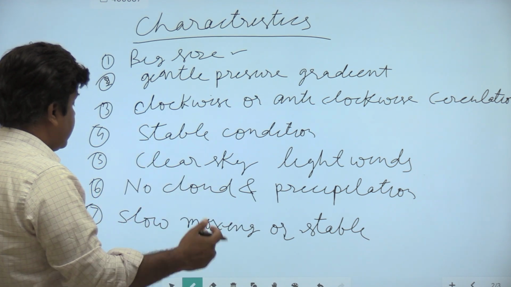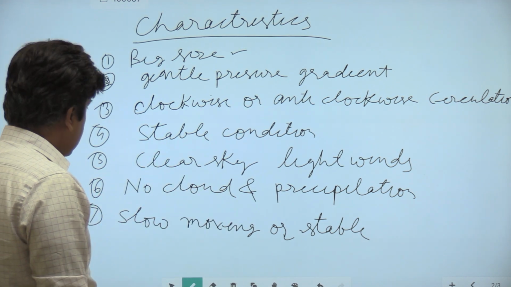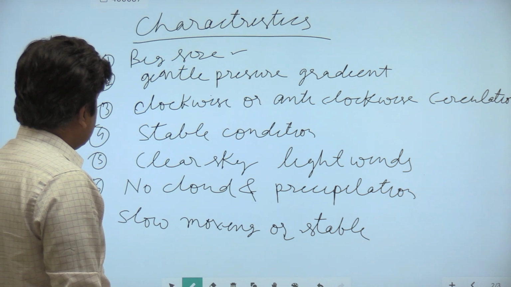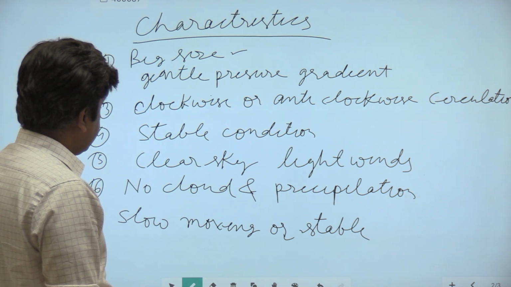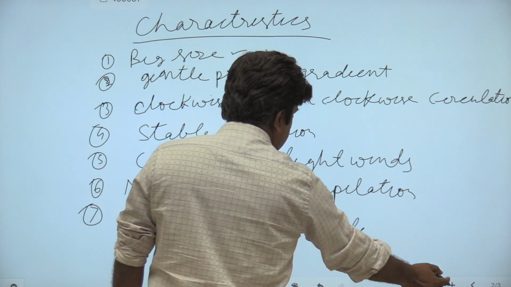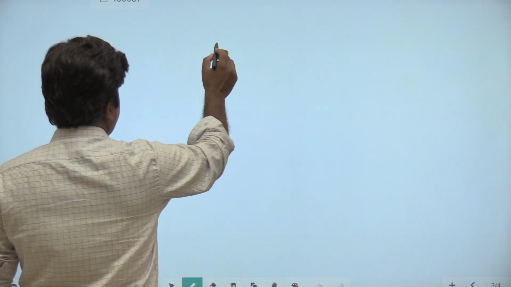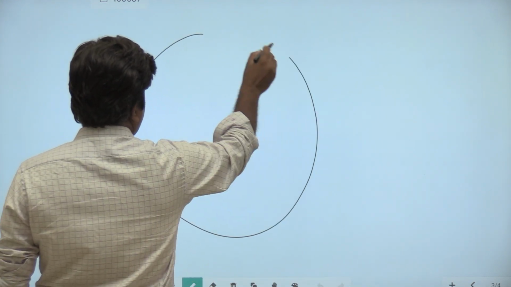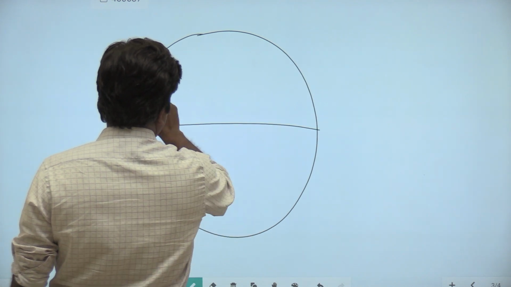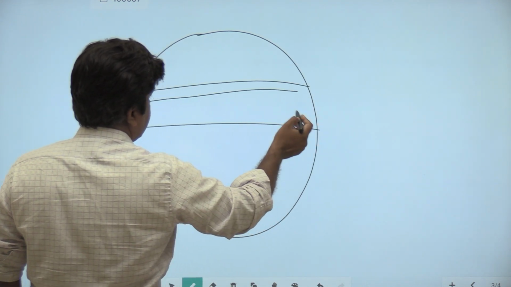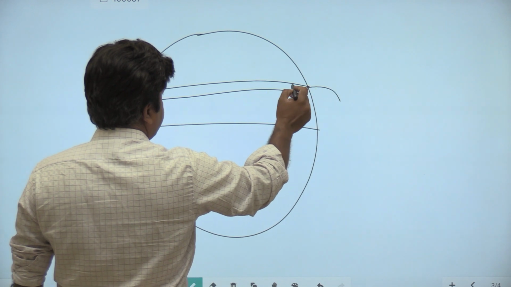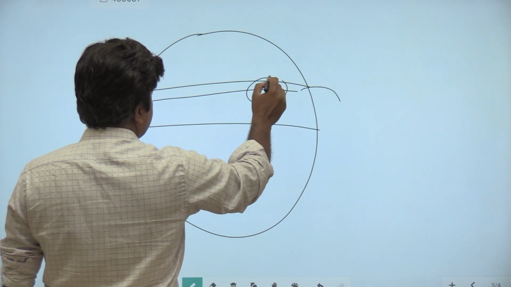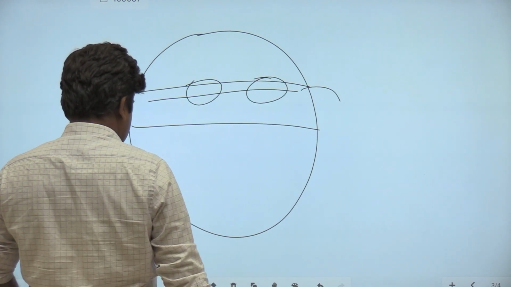Why is it big? As you have already seen, these are found at the subtropical high pressure belt, where the air gradually subsides. That's why their size becomes very huge.